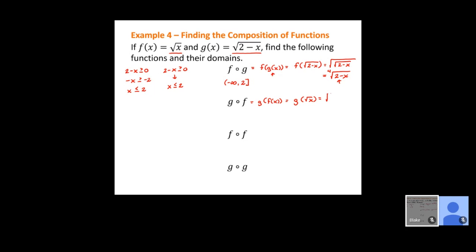Good, so it's the square root of 2 minus the square root of x. I'm just taking that square root of x and substituting it in place of the x in the g function. So that x right there becomes a square root of x. So we get square root of 2 minus square root of x. Any questions about how I got g of f of x now?